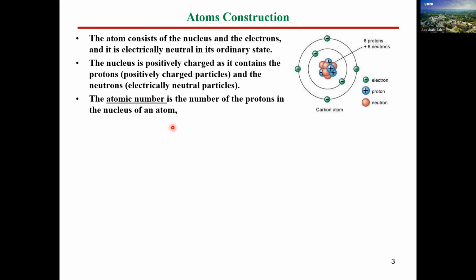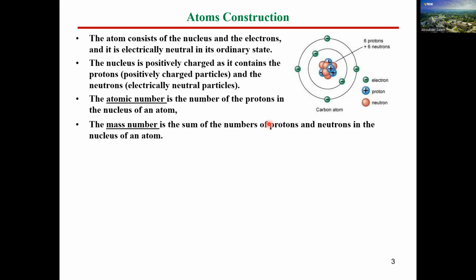The atomic number is the number of protons in the nucleus of an atom. So for this element, by the way, this is carbon. Since we have 6 protons inside the nucleus, this means the atomic number of this carbon atom is 6.